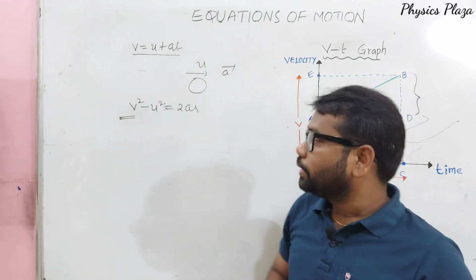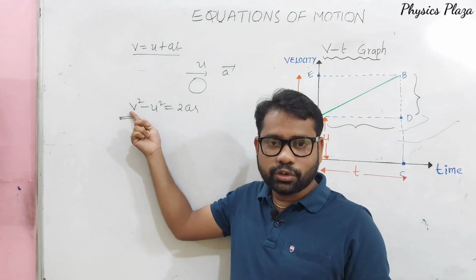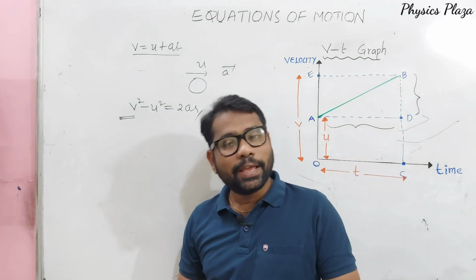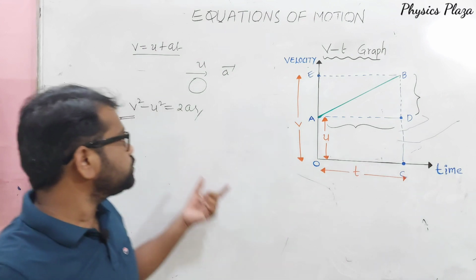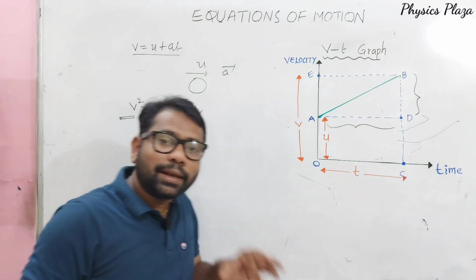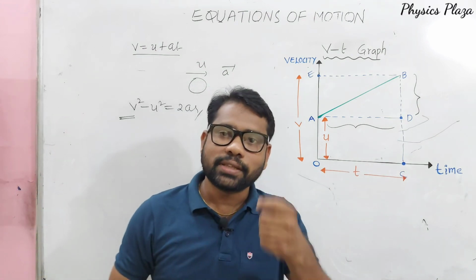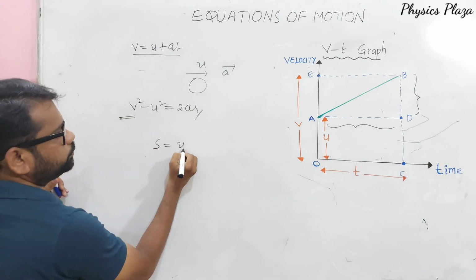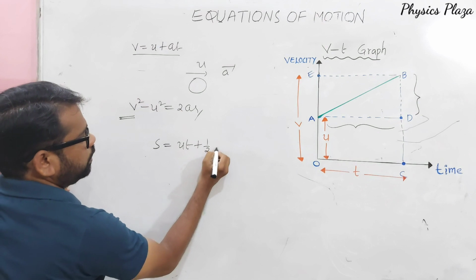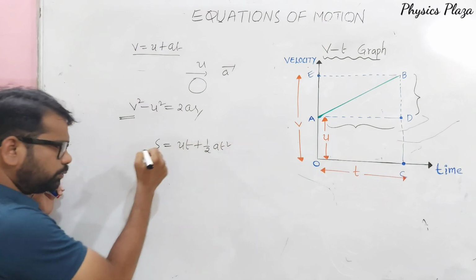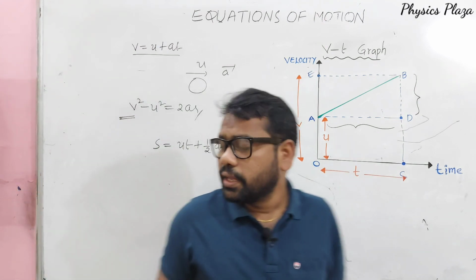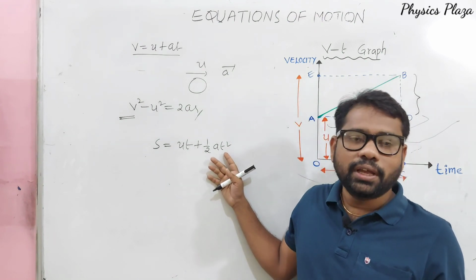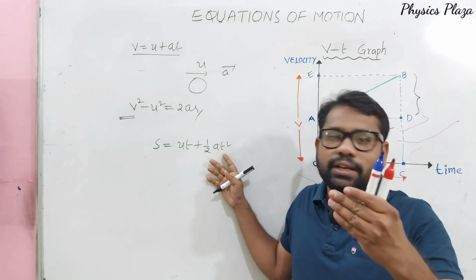But dear children, if you want to use this equation of motion, you must know the distance traveled, s, also. S also must be given. Then only we can use this equation to find the final velocity attained by the body. Whereas the second equation, s is equal to ut plus half at square, is used to find the distance covered in a given time t if a body is moving with a certain acceleration.